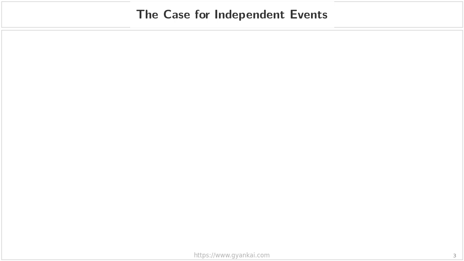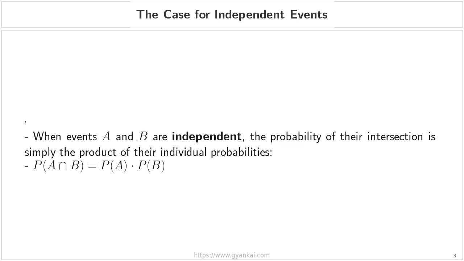The case for independent events. Now that we have recalled the general addition rule from the previous slide, let's see how things change when we have a specific condition: independence. When we say that events A and B are independent, it means that the occurrence of one event has absolutely no effect on the probability of the other occurring.